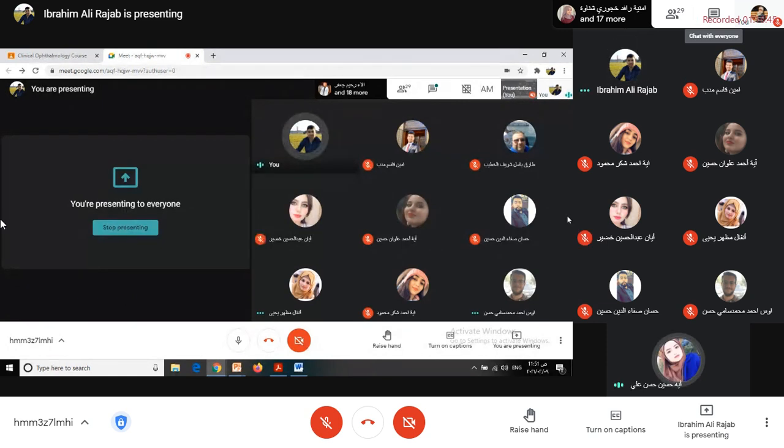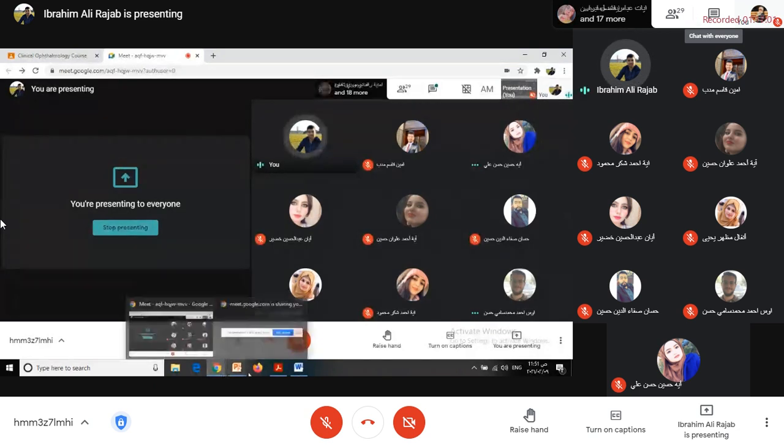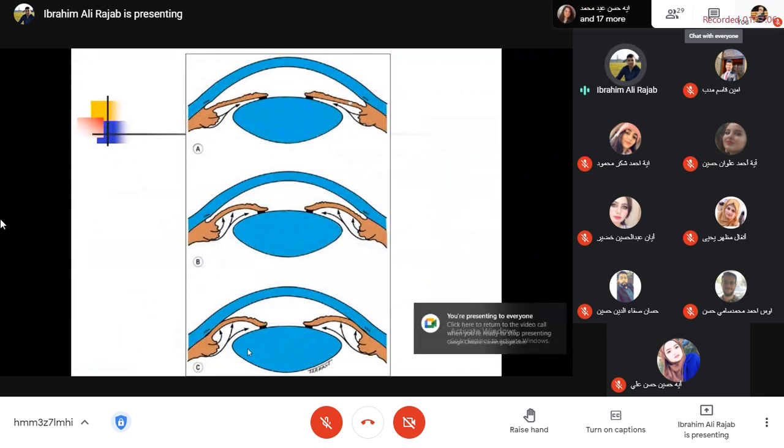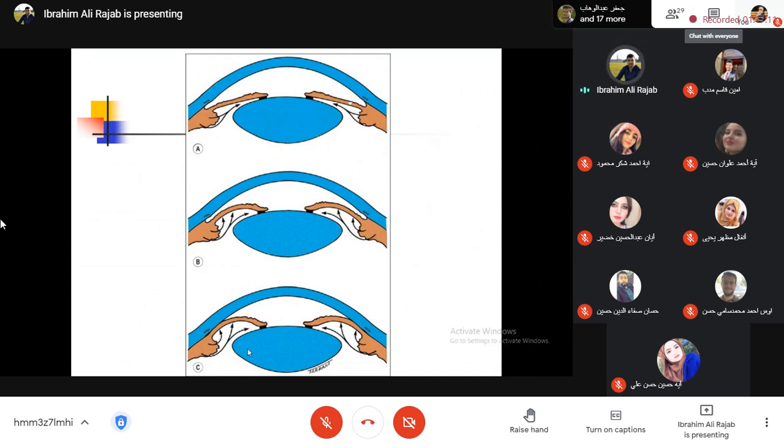Doctor, short axial length, hypermetropia. Yes, a patient with hypermetropia has a short axial length. Thank you, Aya. So those patients who have hypermetropia are more liable to have a short anterior chamber, because the axial length is short. And if the anterior chamber is short, the lens may touch the iris.